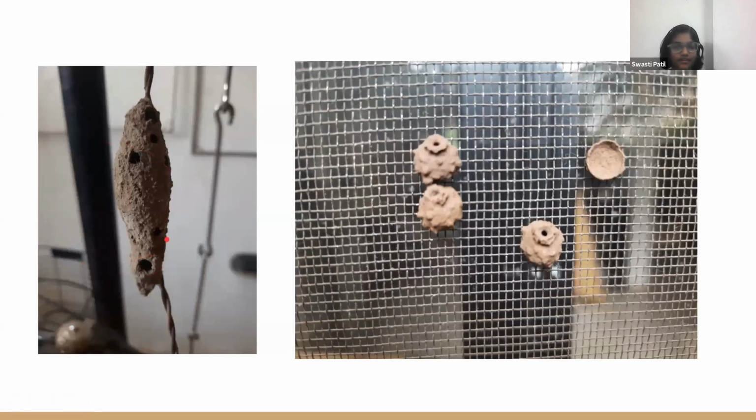This is by a hornet, and this is by a potter wasp. What a potter wasp does is that it lays eggs inside these, we can say, pots, and then it gives anesthesia to some caterpillars, and then it puts the caterpillars inside the pot, and then it just closes the pot.